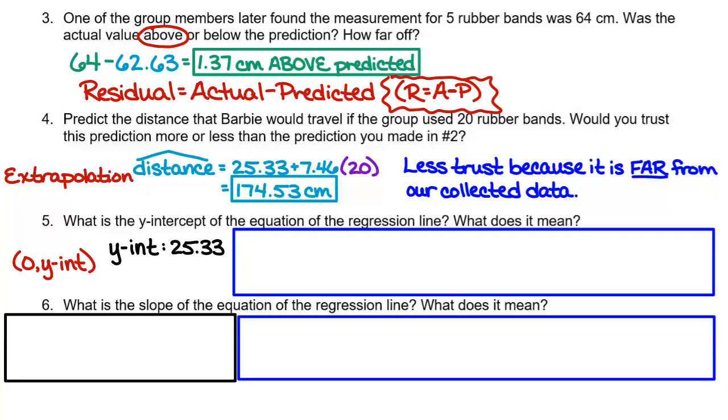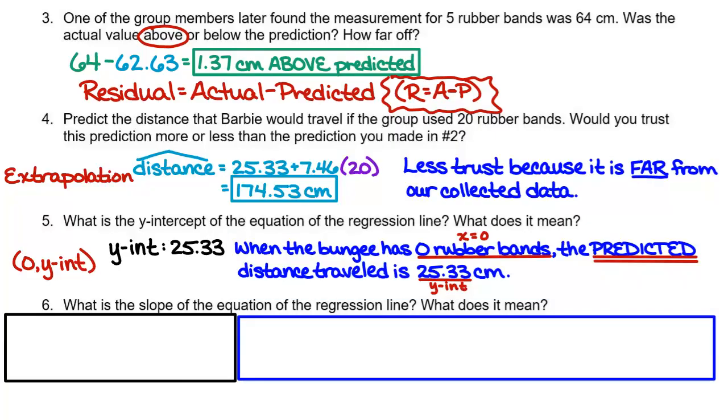Predicted. We used the actual data to come up with the line of best fit. What was actually measured is 25, so we're pretty close, but 25.33 would be our prediction, right? So interpreting my y-intercept in context, when the bungee has 0 rubber bands, when x is 0, the predicted distance traveled, the predicted y value, is 25.33 centimeters.